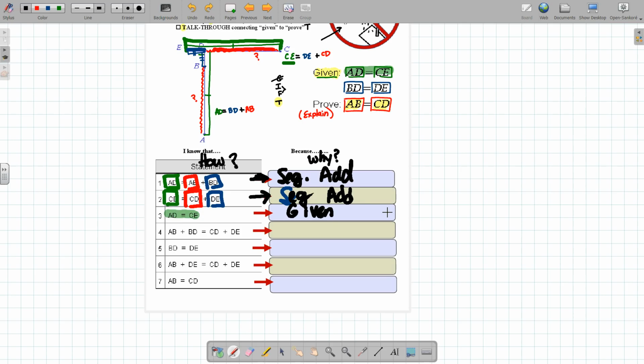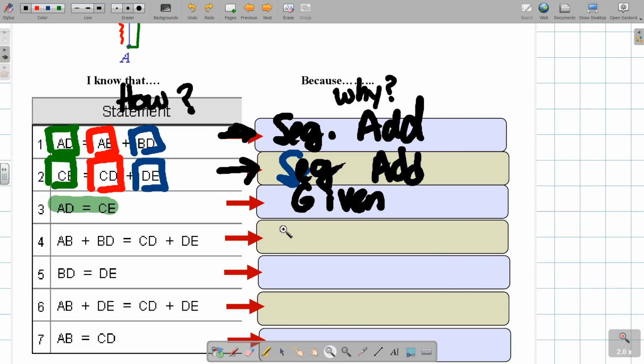Now remember that game, folks, where you had to figure out what changed? This is why we did that. Look very, very carefully. Ask yourself what changed. Let's see. I would like you to box AB and CD. Just box it, right there, just like that. Now go above.